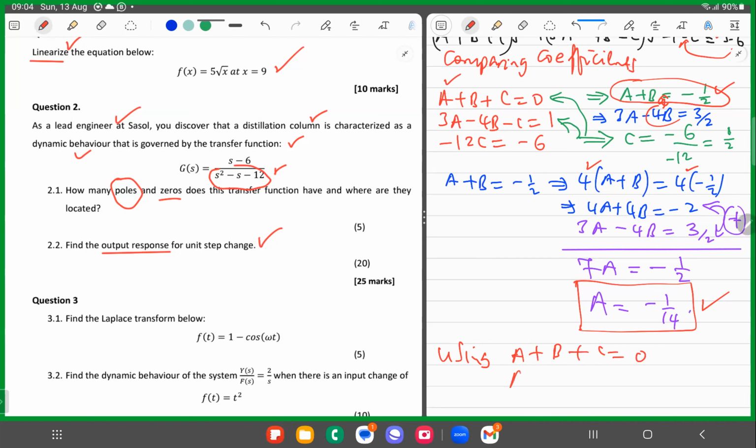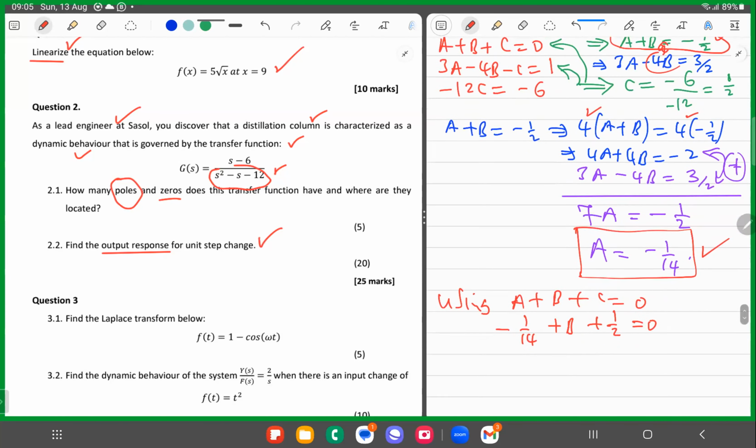So our b is what we want. We have our a, minus 1 over 14, plus b, and then c is 1 over 2. So we just need to get b here.